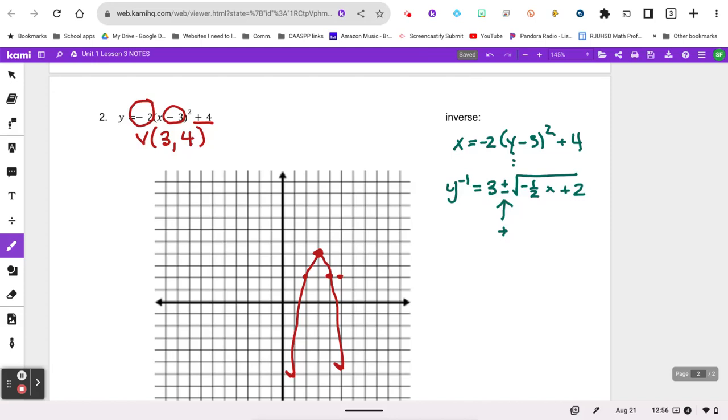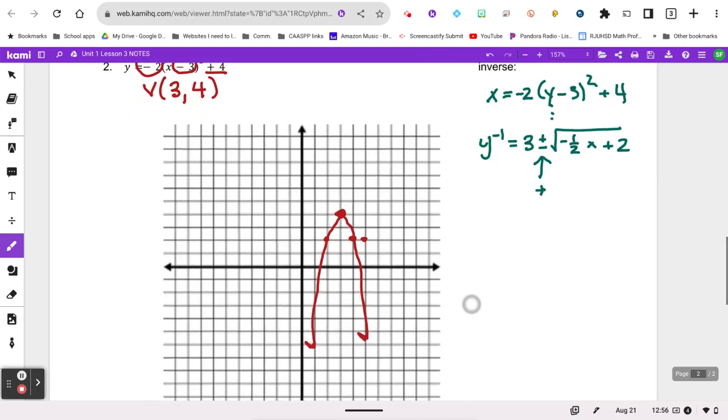If you go on to Desmos, you can get some numbers on the table, plug this in, and it'll graph it. Remember, our points are also flipped from our first equation. So our first one is going to be 4, 3. 1, 2, 3.